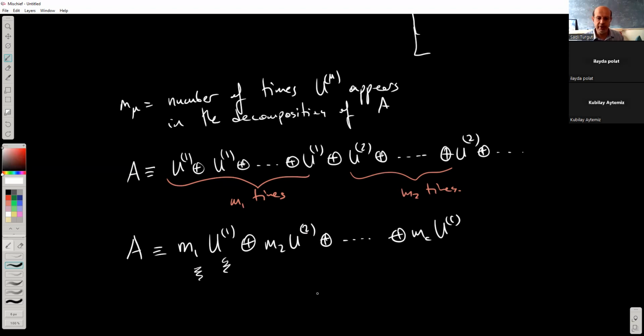We are also going to produce a mathematical technique for computing these coefficients. Just keep this in mind. Let's just note that M mu is a non-negative integer, so it can be a positive integer or zero. Zero if that representation doesn't appear.